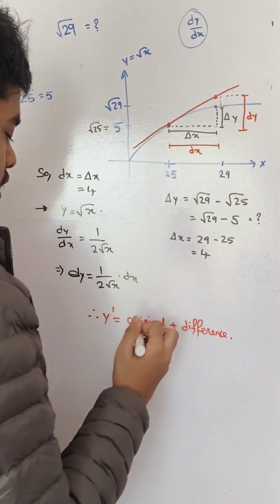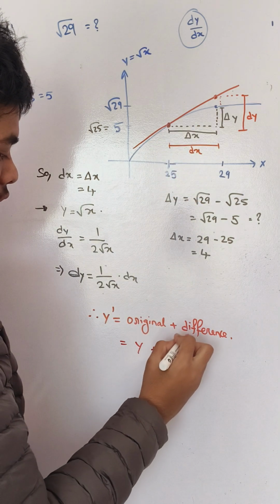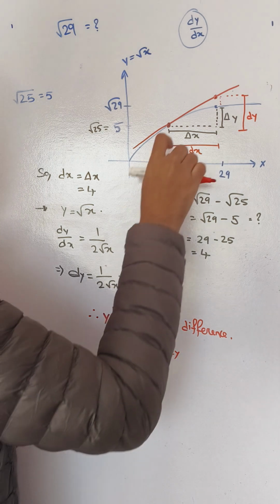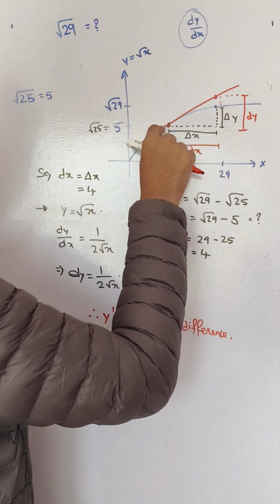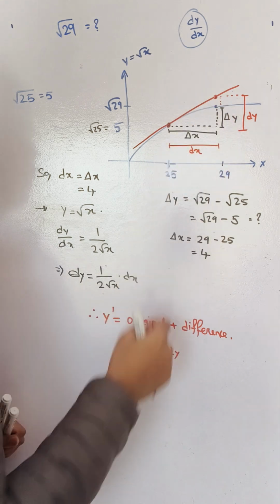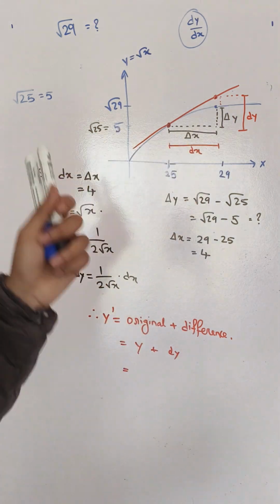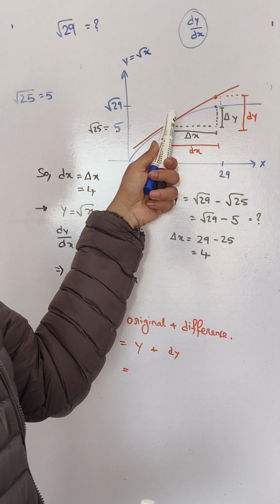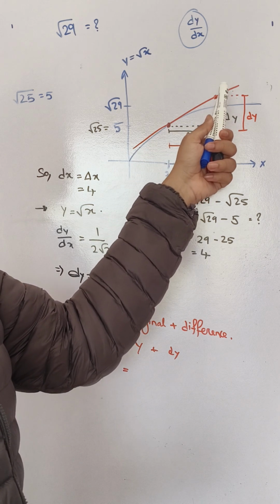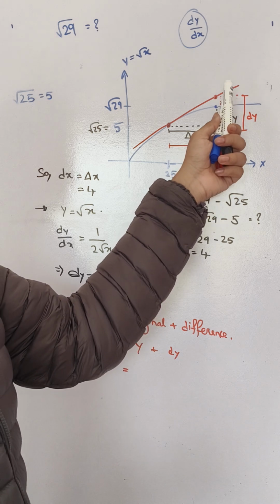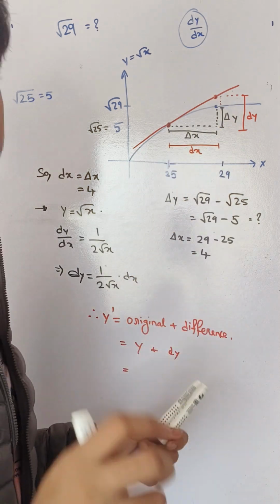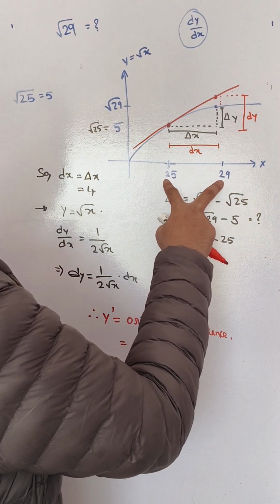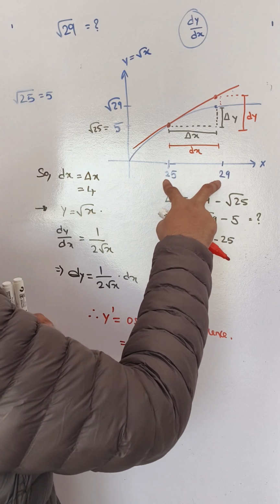So this is the original y and the difference will be dy. You will say that we are taking the tangent on this point, but how do you expect that the tangent will also touch this point? Yes, that is a valid point because the x difference is very large here. del x is 4.